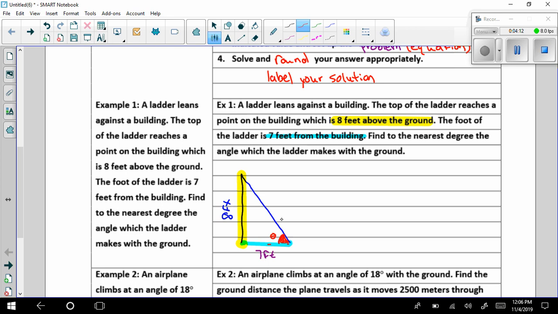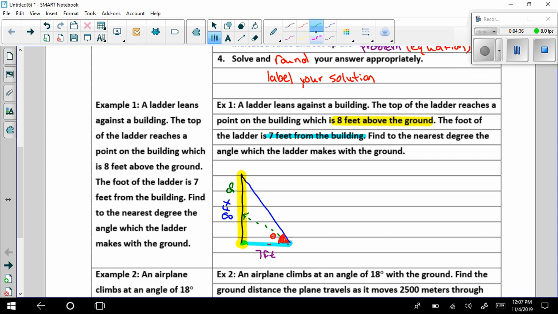All right, so we have our angle, we have our triangle, we have everything labeled. We want to find this degree here. So we're using one of our inverse ratios. So in terms of this angle, we need to label the sides. So this side, in terms of that angle, would be opposite.